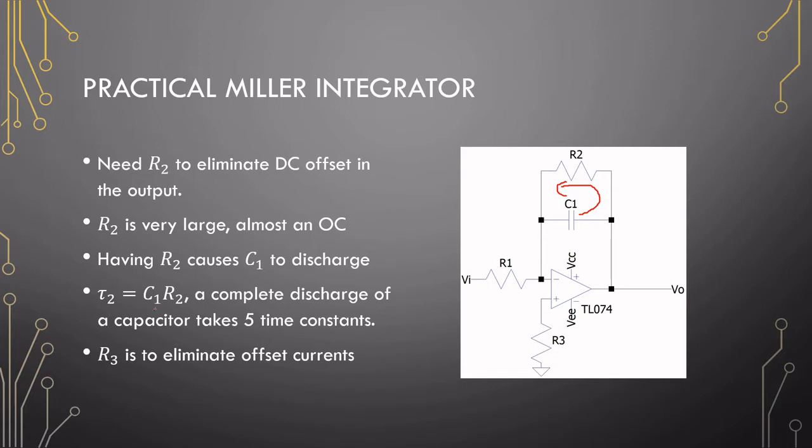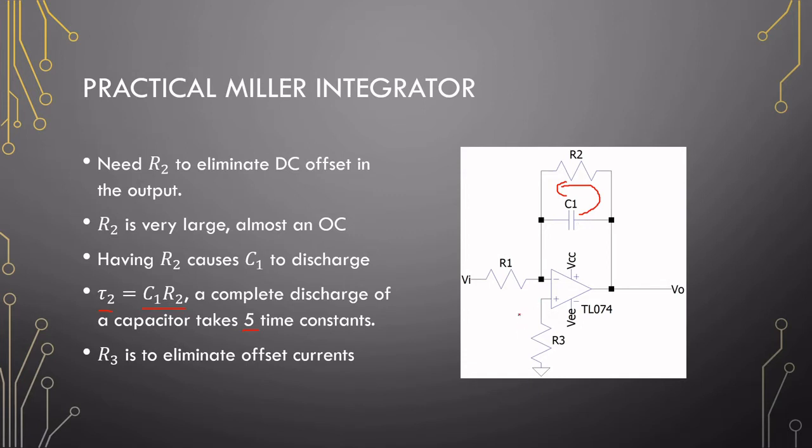The time that it takes to discharge, we call this time constant 2, is C1R2. The complete discharge takes 5 times that of the time constant. So 5 times tau is the time that it will take this capacitor to completely discharge.